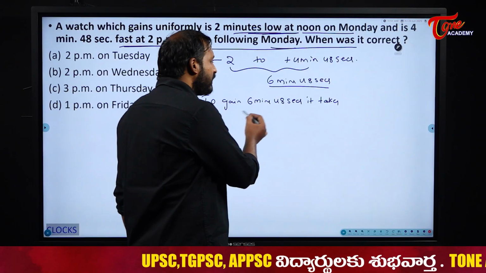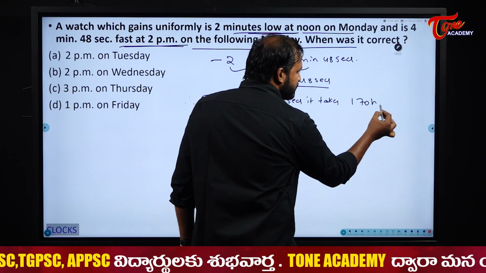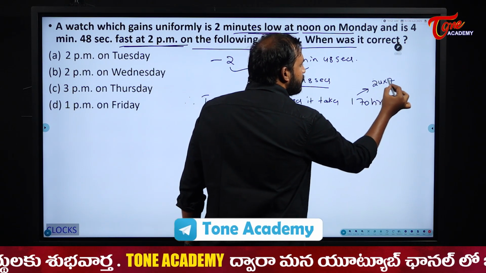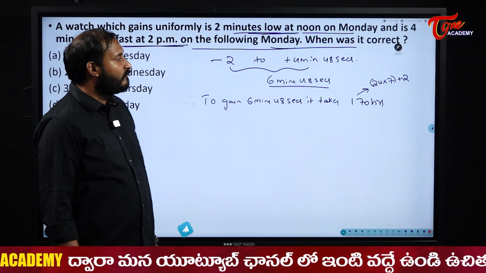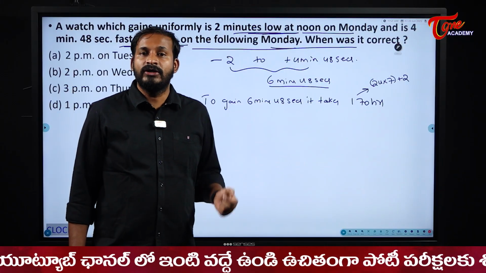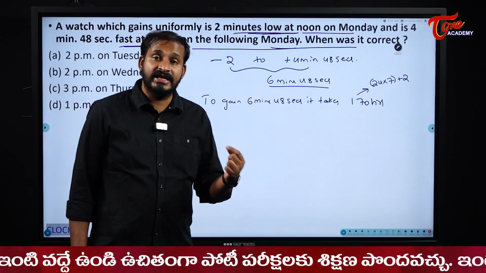That means to gain 6 minutes 48 seconds, it takes 170 hours. Why? Because it is 12 p.m. on Monday to the following Monday 2 p.m.